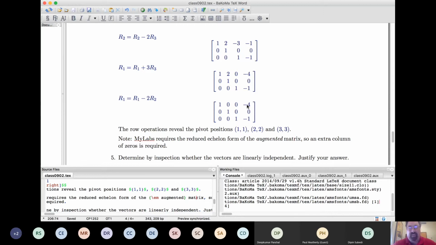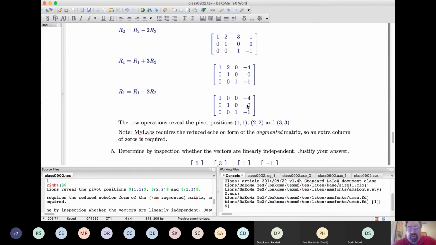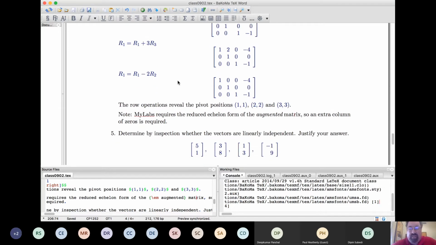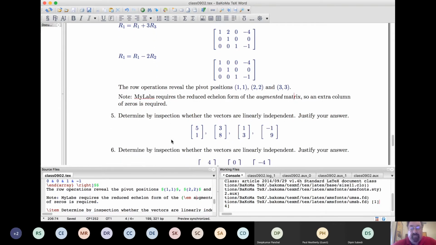But it's my preference that will matter when it comes to how tests are set up. Okay. Any questions up to this point about determining whether given vectors are linearly independent or not?